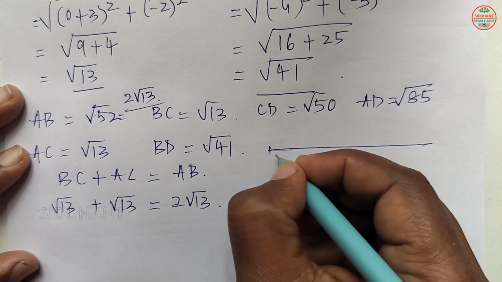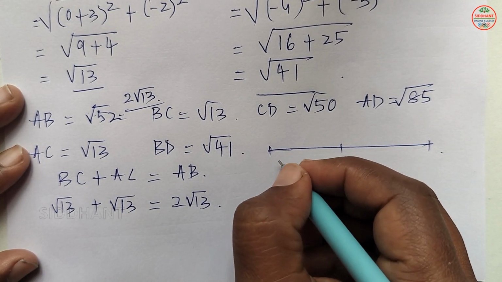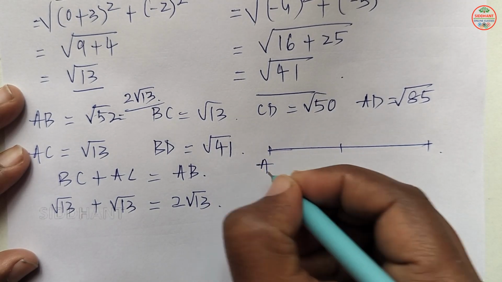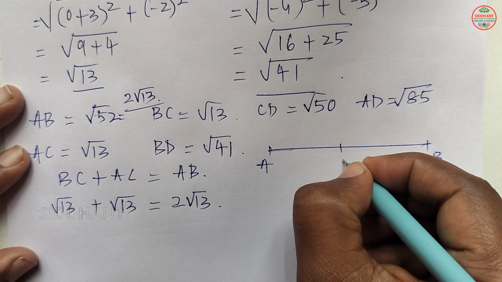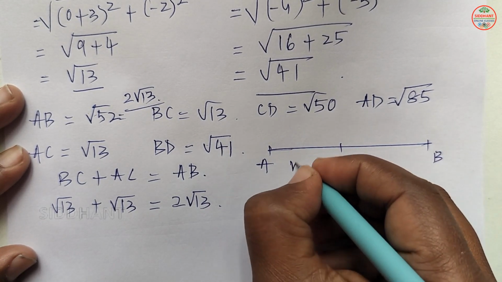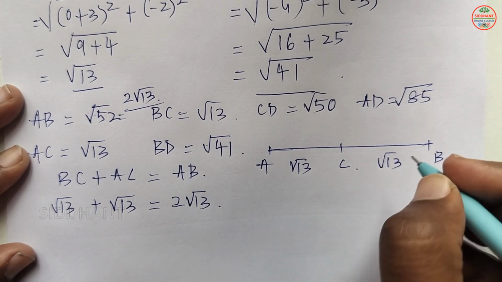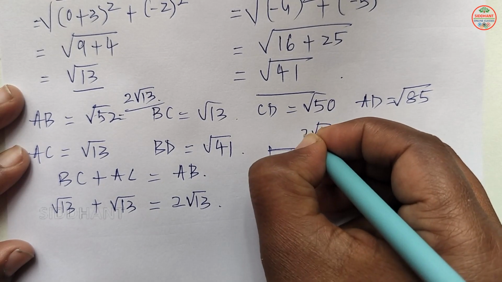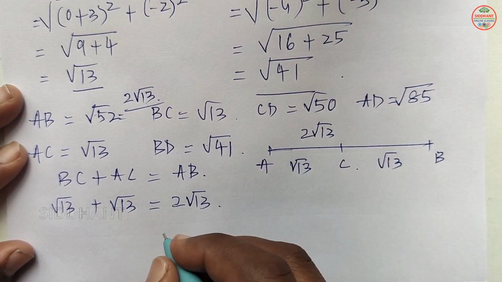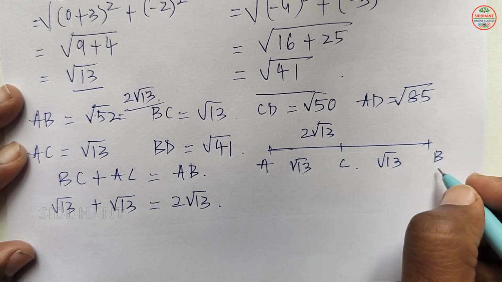So A, B, and in between we can say C. This is root 13, this is root 13, and AB is 2 root 13. So the 3 points are in the same line. So we can say the 3 points are collinear.